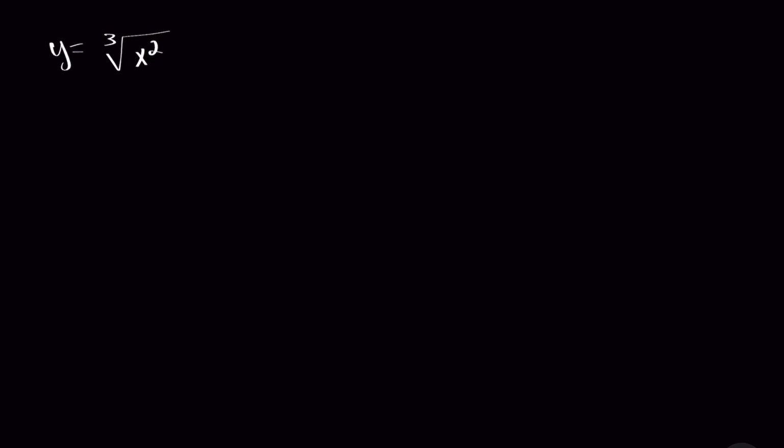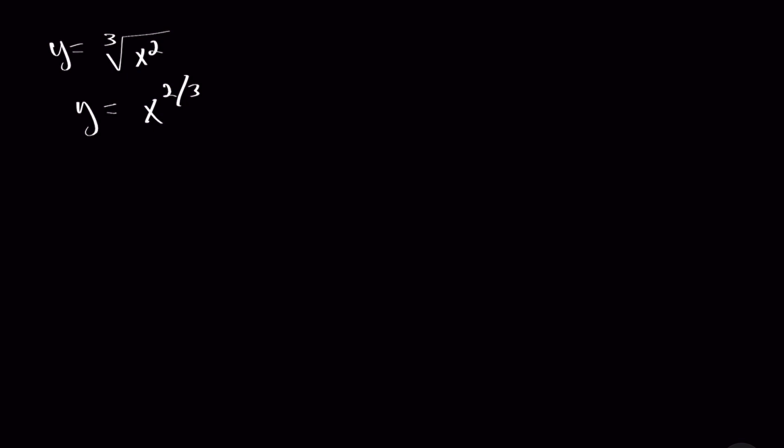And we know that that goes in the denominator. So what we would have is actually y equals x to the power of 2/3. That is how we can rewrite this radical equation to have a fraction as an exponent.